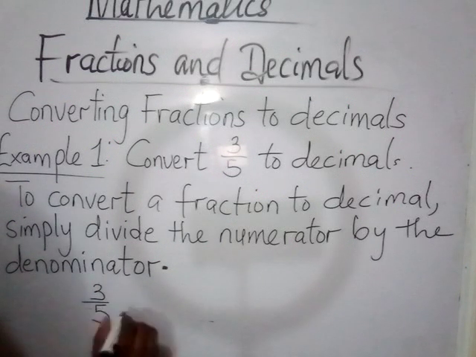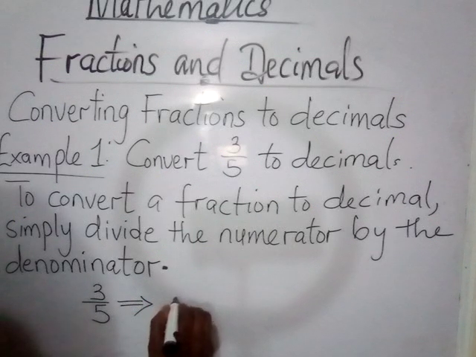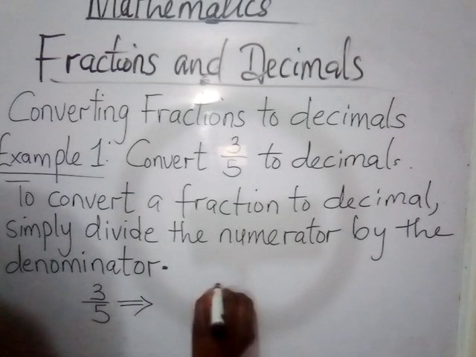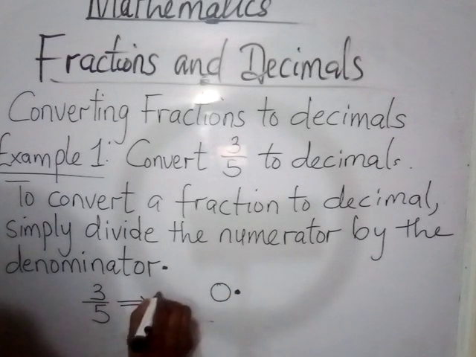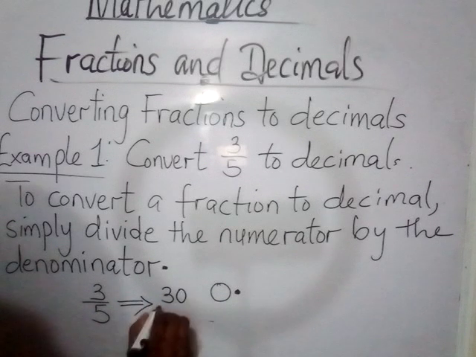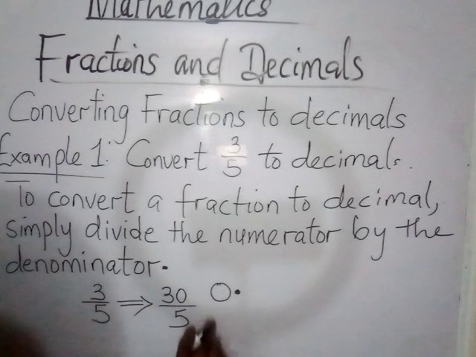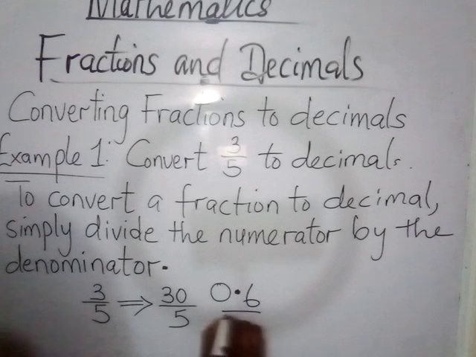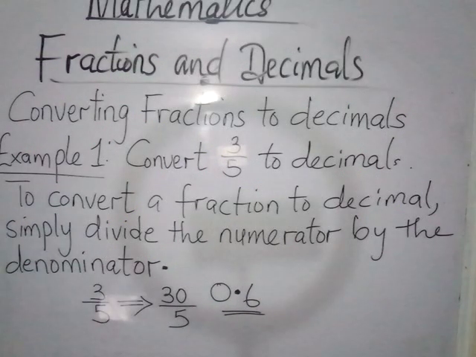So we have 3/5, then we go over here. Okay, so here we now have 0 point, and I'll write my 30/5, 0.6, just to show where we started from. Okay, so we have this 0.6.